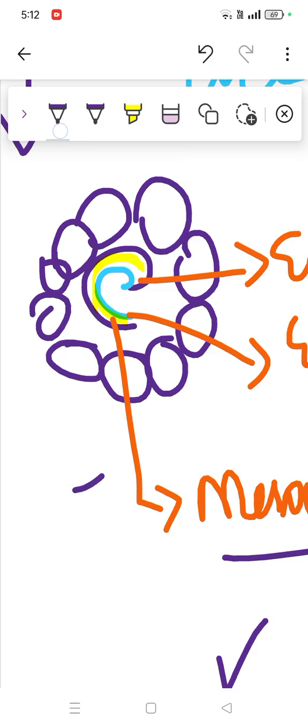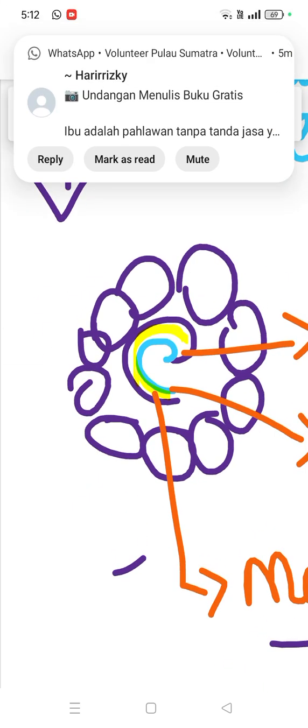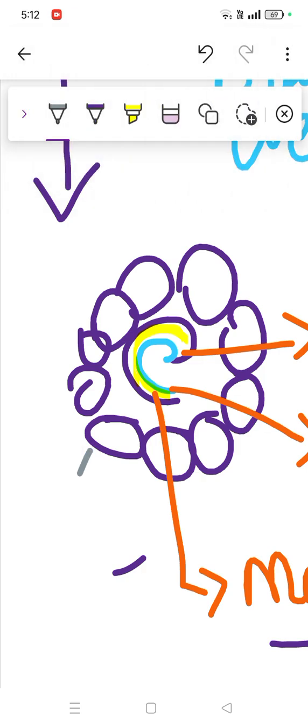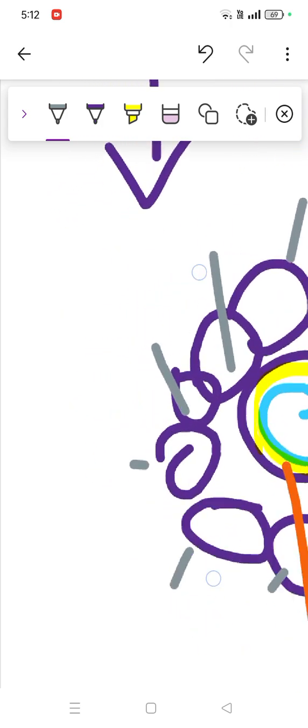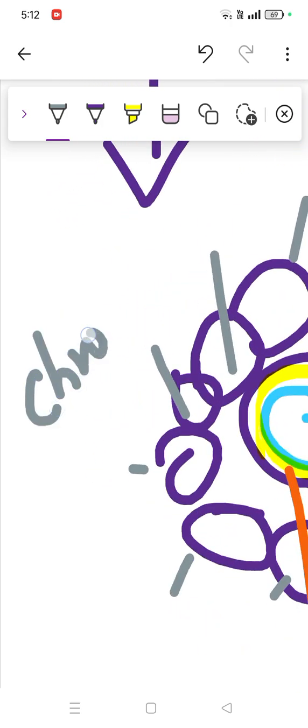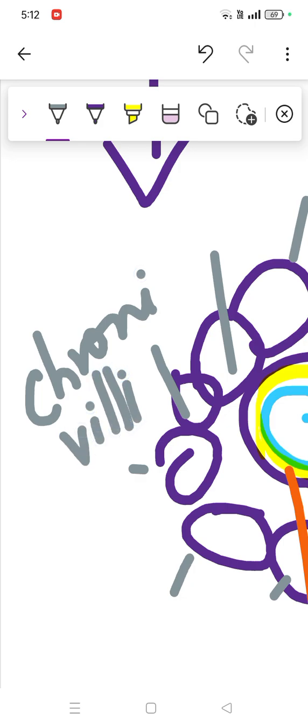There's another thing, okay, let's make it with this color. You'll see another kind of structure over here, this structure is called chorionic villi. Villi are simply projections, chorionic villi, which also combine with the uterus tissue.